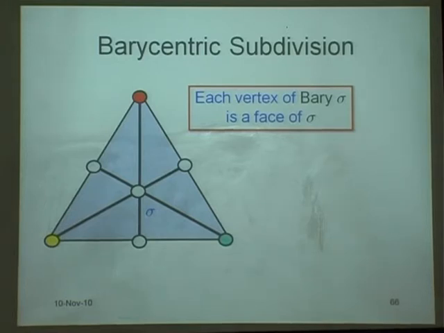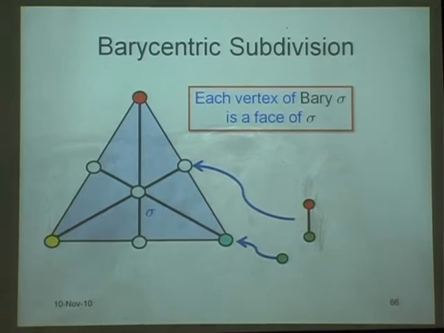So vertices of the subdivision will be faces of sigma. So here, for example, this vertex is just the green vertex of the big triangle. So the corner vertices represent themselves. This vertex here represents the edge, the red-green edge of the big triangle.